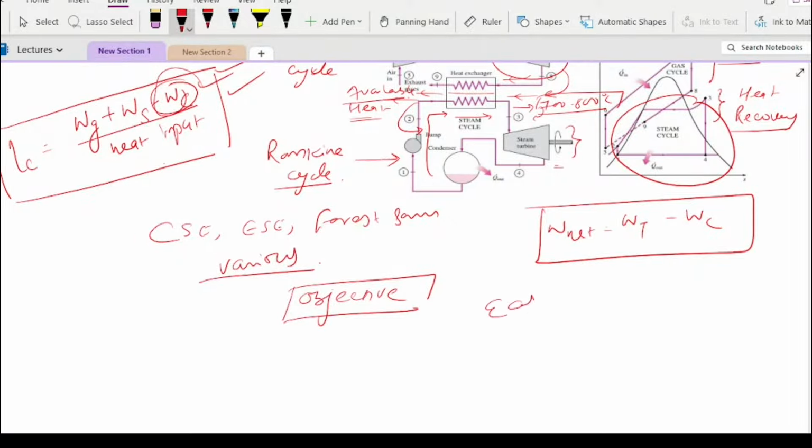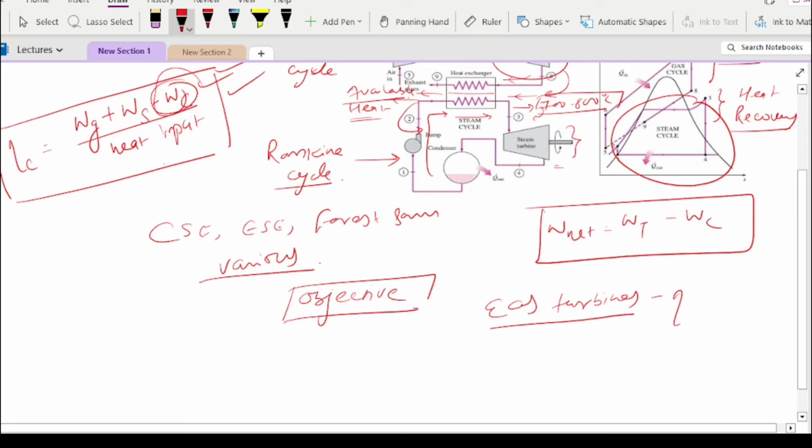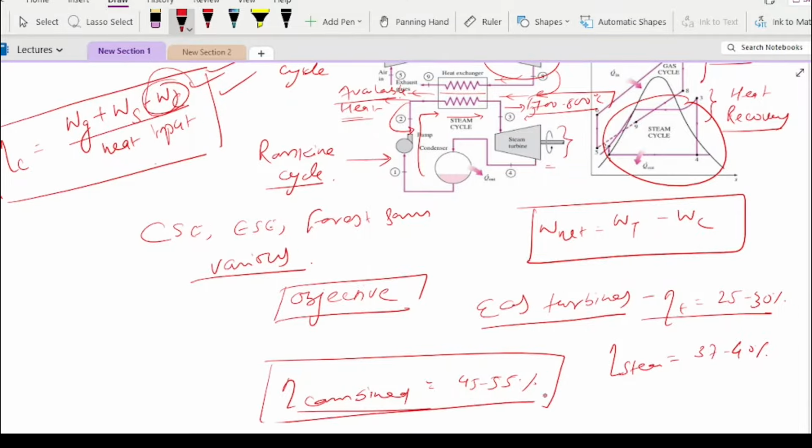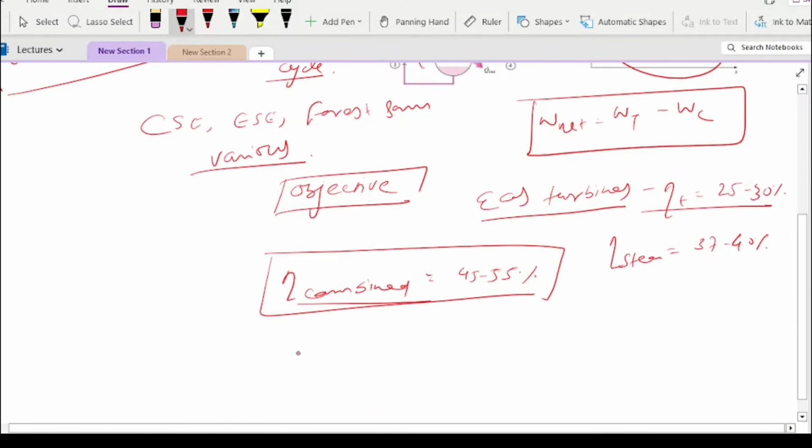Generally gas turbine efficiency typically lies in the range of 25 to 30%, whereas the steam cycle or Rankine cycle efficiency lies in the range of 37 to 40%, whereas the combined cycle efficiency, since we are using the waste heat of the exhaust gases, comes around 45 to 55% typically. Therefore this is an improvement over the typical cycles.